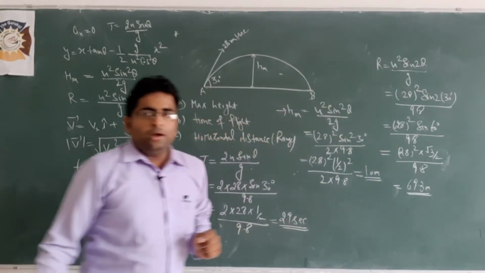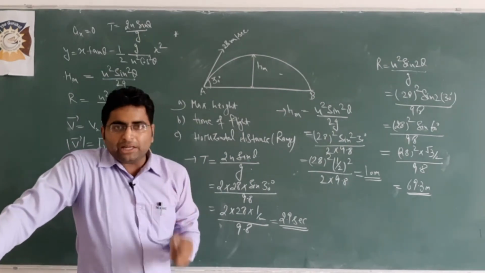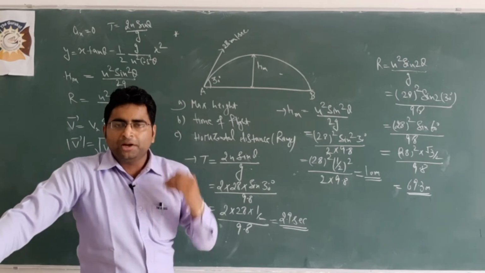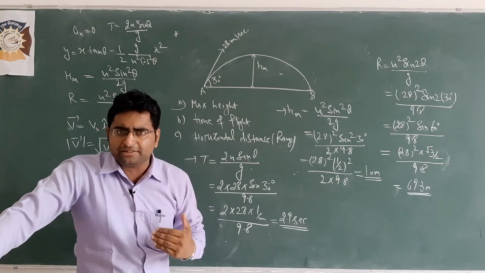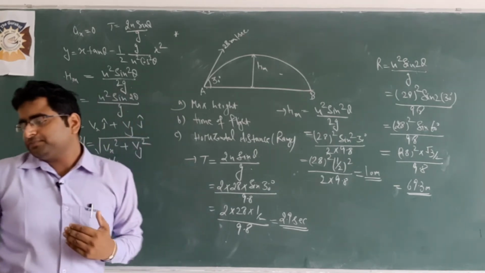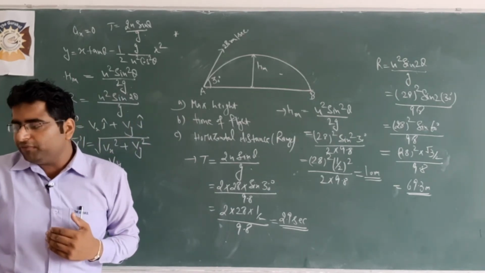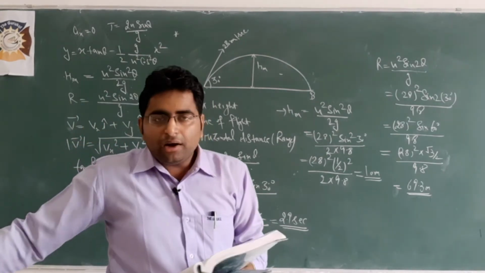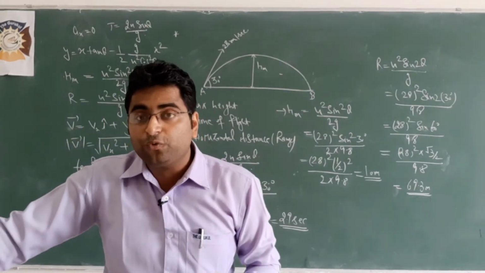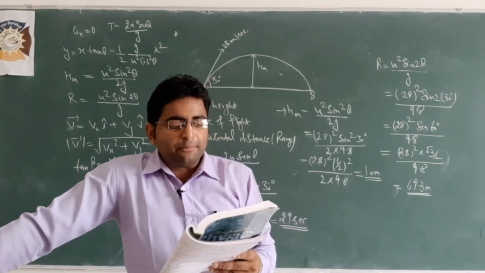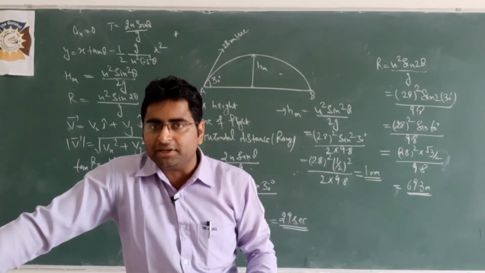Clear? So beta, whenever you do a numerical related to angular projectile, you should know the expressions for time period, range, maximum height, equation of trajectory, etc. Clear? Okay beta, now the second problem we have. Listen carefully. A projectile has a range of 50 meter, so the range is given to us, and reaches a maximum height of 10 meter.